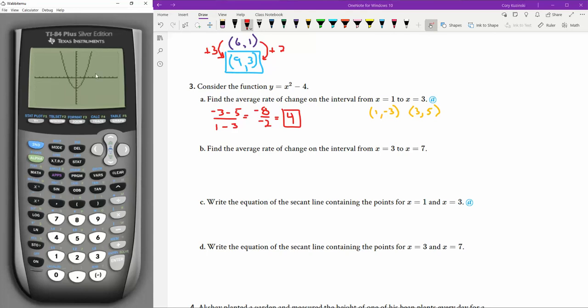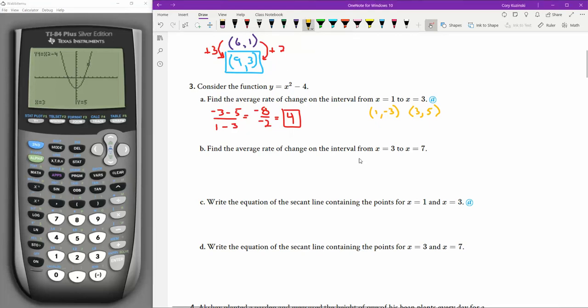Okay, so it's not a constant rate of change, but if we trace it and we look at 1, input of 1 gives us an output of negative 3. Input of 3 gives us an output of 5. That's what I calculated in my head. So if I drew what's called a secant line between those two yellow points right there, this would be the slope of that line, giving us the average rate of change over that interval.